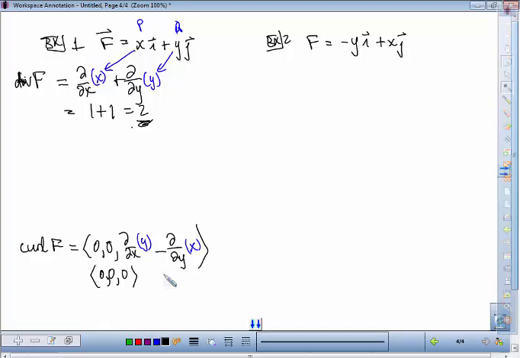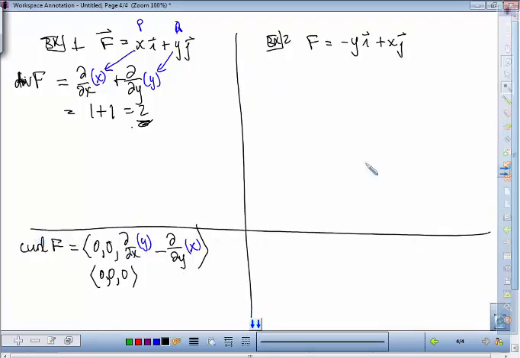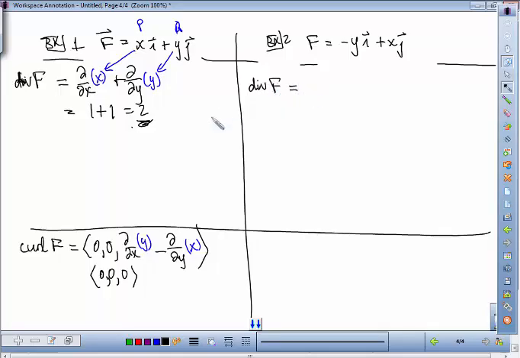All right, let's see what this next example is. Let's take the div of this. So the div is the derivative of p with respect to x plus the derivative of q with respect to y.